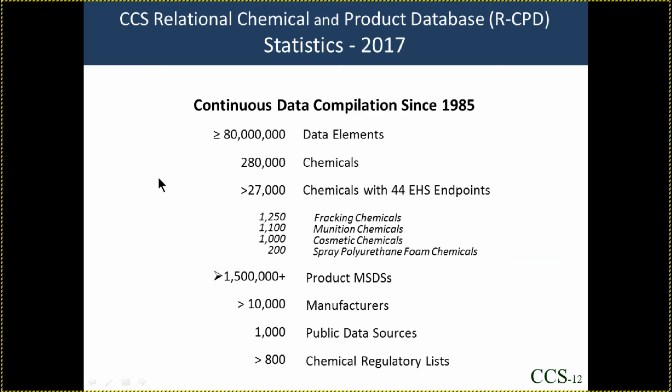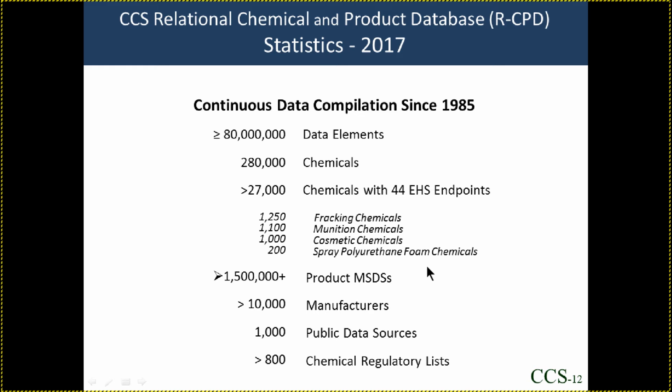some of the statistics. We've been compiling this data since '85. We have about 280,000 chemicals total in the database, but we have detailed data for 44 ecological health and safety endpoints on over 27,000. I put 3 or 4 samples there: fracking chemicals over 1,200, munition chemicals. We have about 1,100 cosmetic and SPF chemicals.